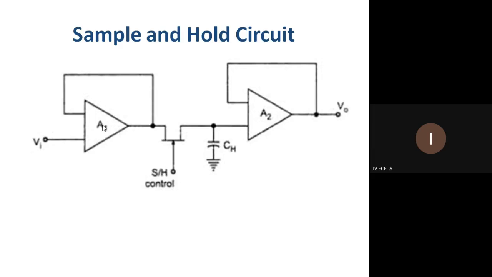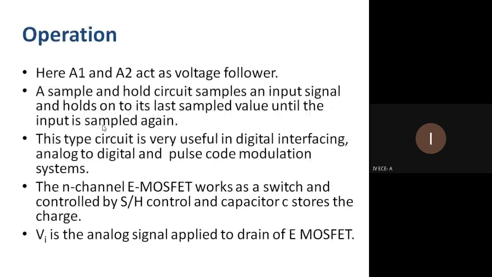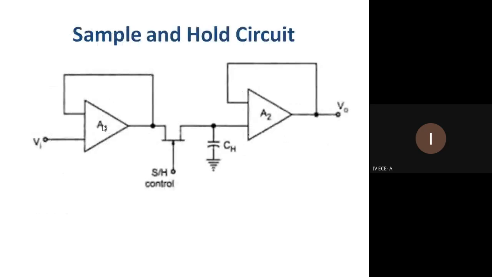This is an important concept in the analog to digital conversion process, the sample and hold circuit. Here, A1 and A2 are acting as voltage follower circuits.